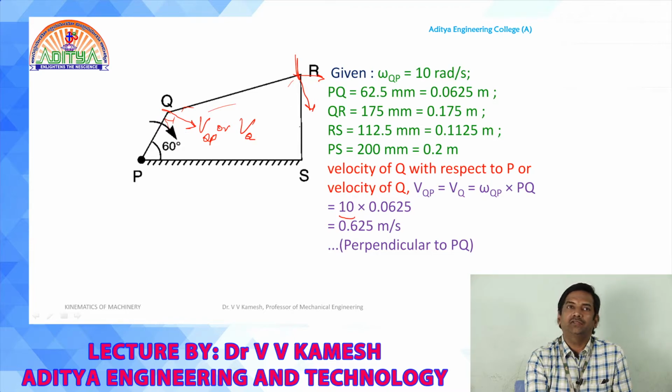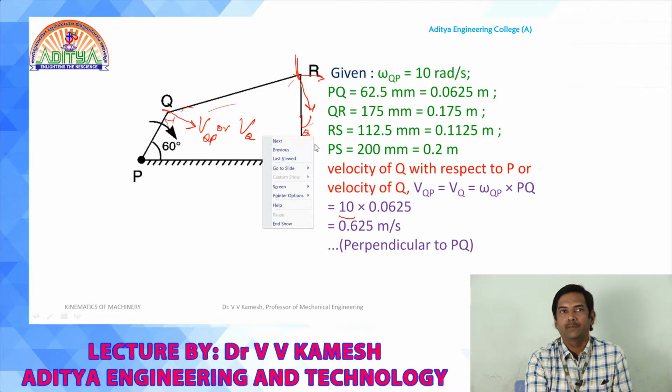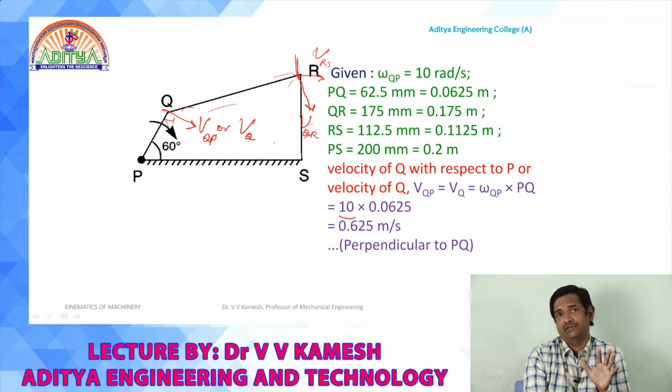So, the directions will be known to us: V QR or RQ, whatever it might be, and the velocity RS direction will be here. Once we know the directions, the construction of the velocity diagram becomes easier. What is the first step we need to do?